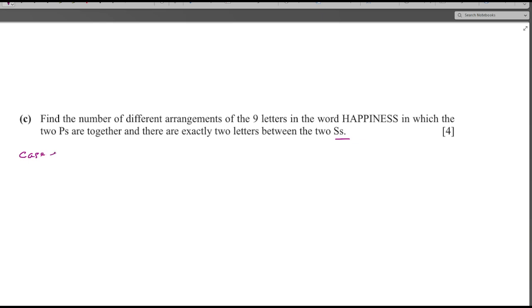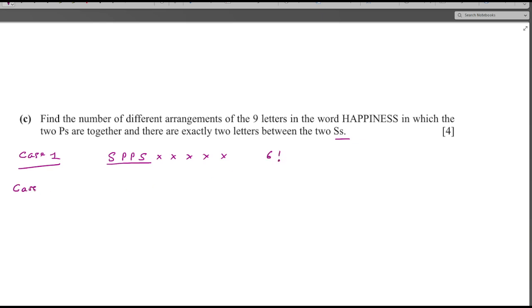Case one is that you have two S and between the two S you have two P. The remaining 5 alphabets will occupy 5 positions like this: 1 2 3 4 and 5. Now this S, P, P, S block you can consider as one alphabet. So we have 1 2 3 4 5 6 alphabets and they can arrange themselves in 6 factorial ways.